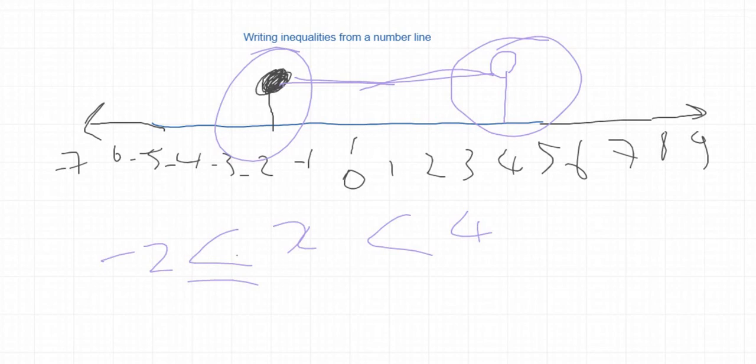So the solutions are from negative 2 going up to 3.9999999. And so we can see a clear picture of representing this number line from this inequality.